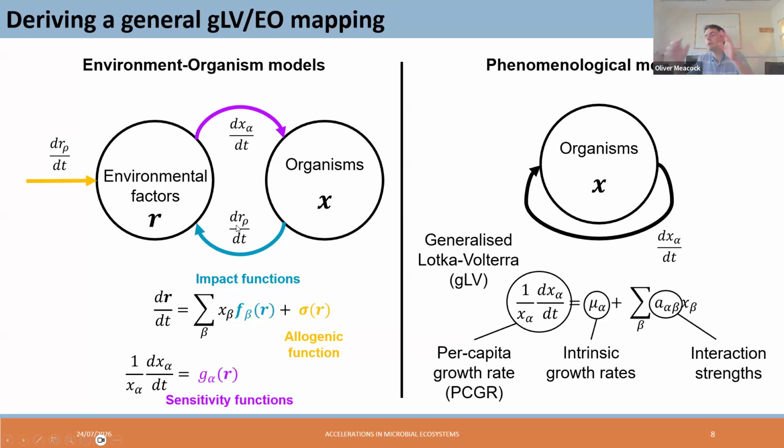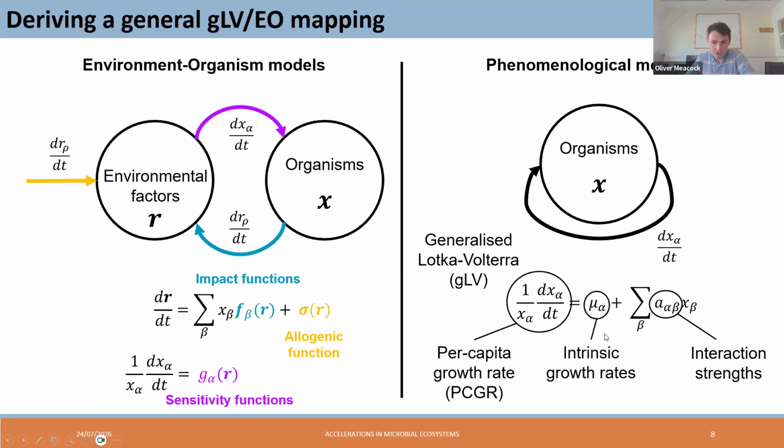So if we want to understand this connection between these two different frameworks, it would be very useful to be able to understand how we can write this type of system in these terms. So is there a way, basically, that we can combine these equations together in order to get parameters that look like these Lotka-Volterra parameters?